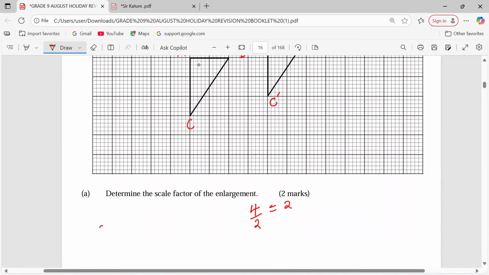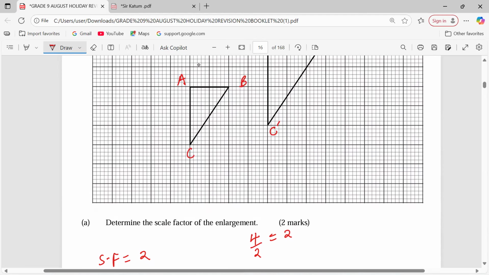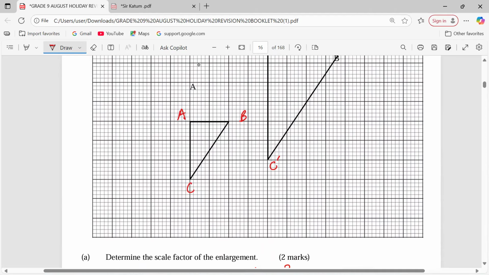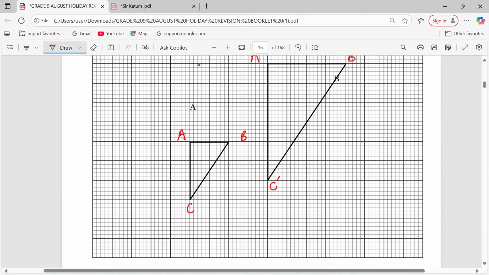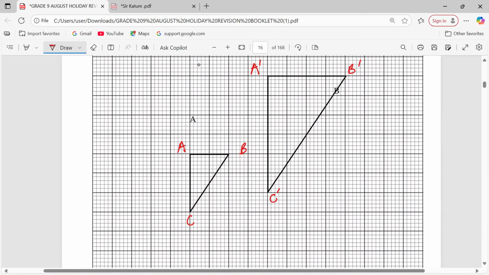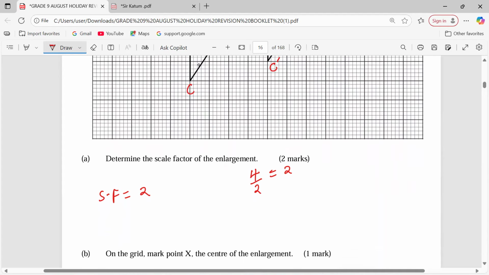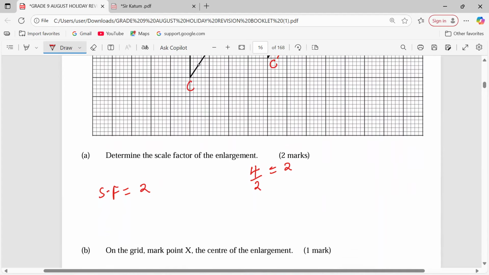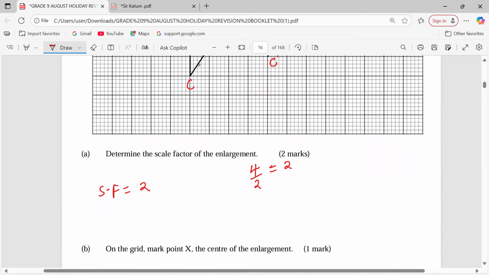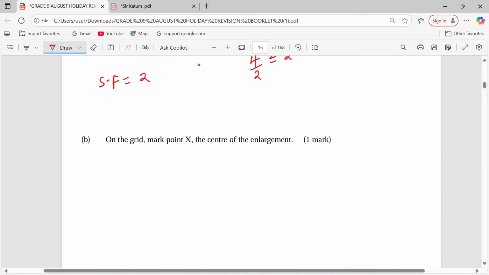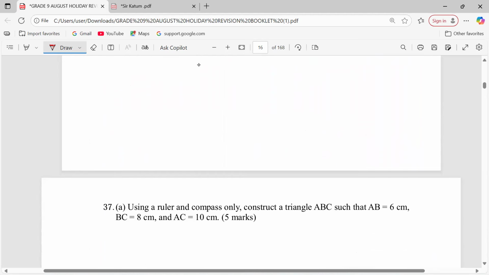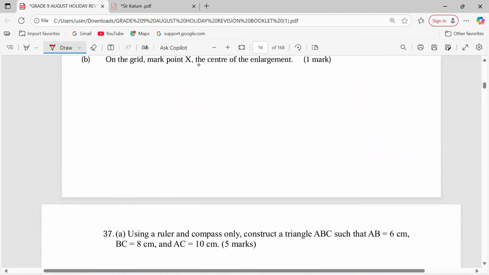So the scale factor is equal to 2. We can even check another length like AC. You can see from A to C, 3 units. But for the other case, it is 6 units. So 6 over 3, we still get 2. So the length of corresponding sides will give us the scale factor. That's simple.